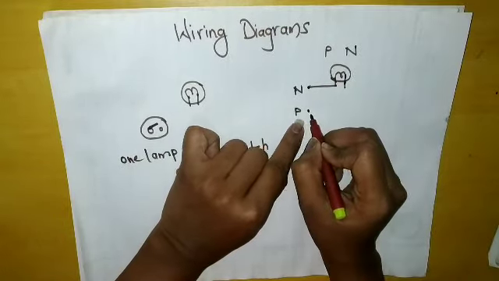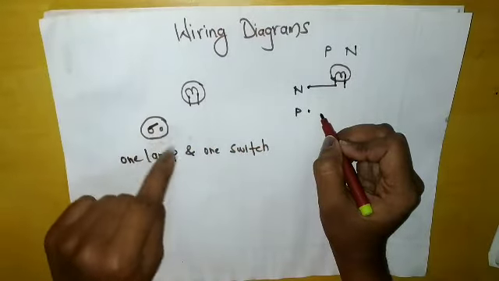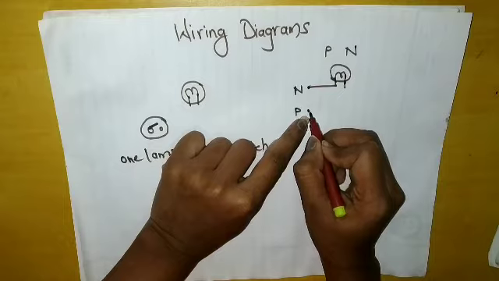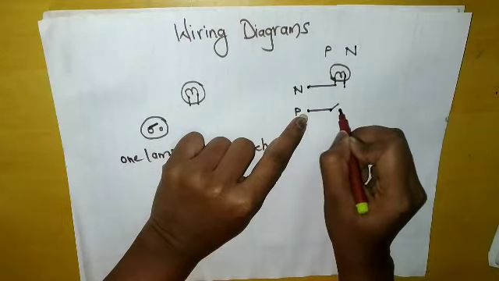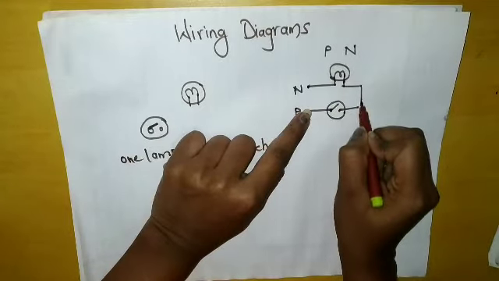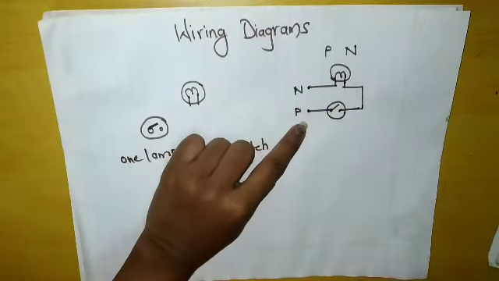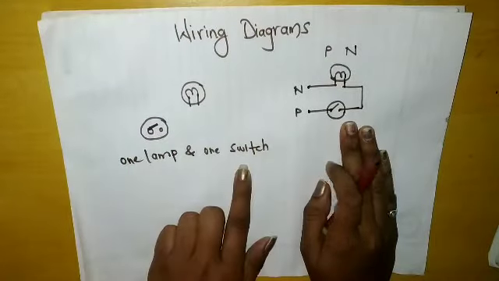So where does the phase have to be given? Phase has to be given to the switch. So this is our switch, and our circuit gets completed. So this is the diagram of one lamp and one switch.